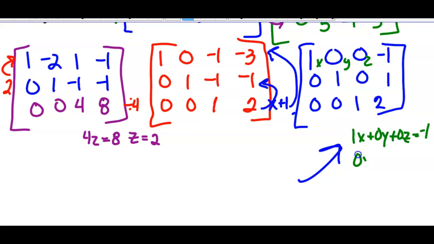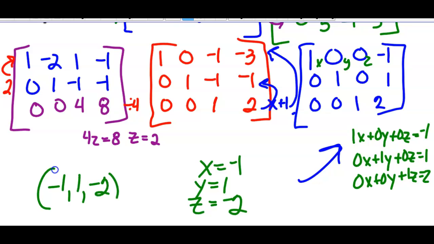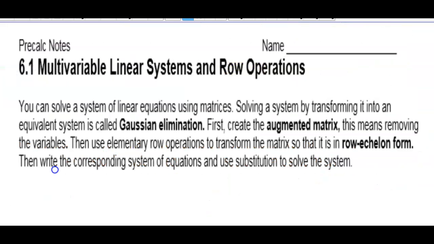And then I'd have 0x plus 1y plus 0z equals 1. And the bottom sentence would be 0x plus 0y plus 1z equals 2. So that means I have x is negative 1, y is 1, and z is negative 2. I just solved that system, and I hope to goodness I got the same thing as I did back here.